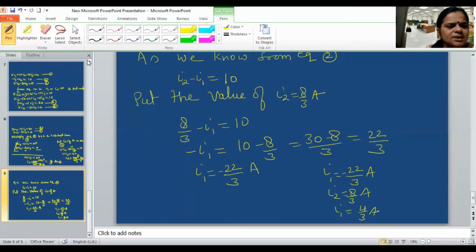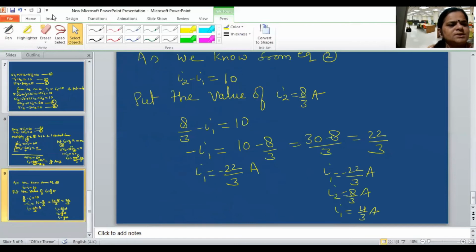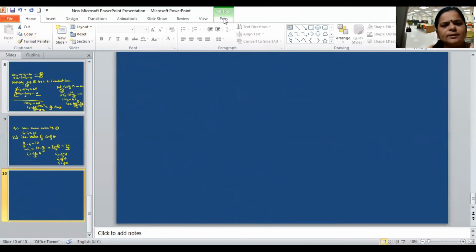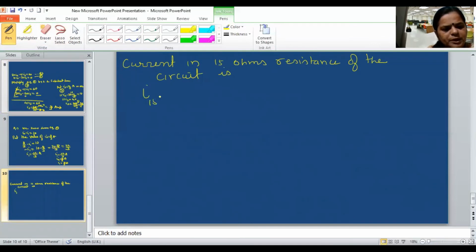Now, as in the question, we were to determine the current in this 15 ohm resistance. So the current in the 15 ohm resistance of the circuit is I15, that is equal to I2 minus I3 or I3 minus I2.